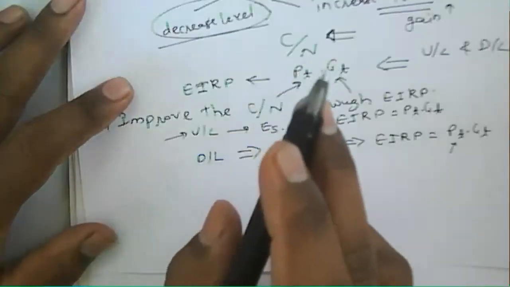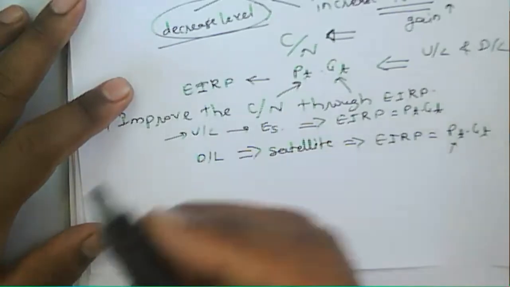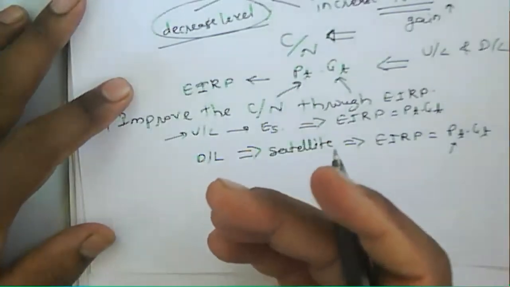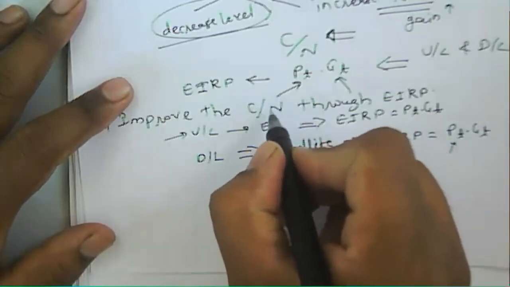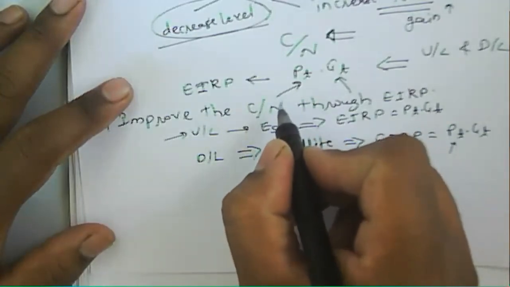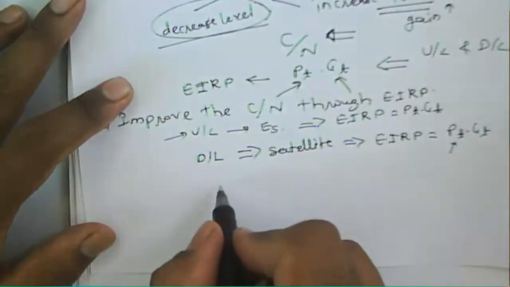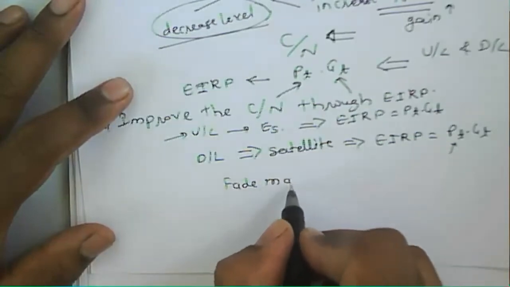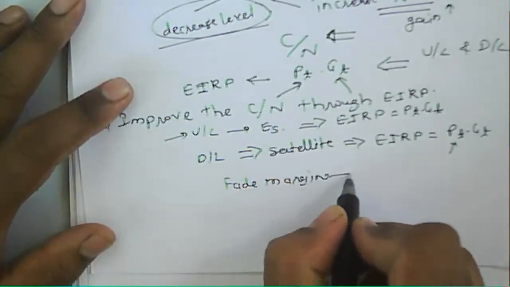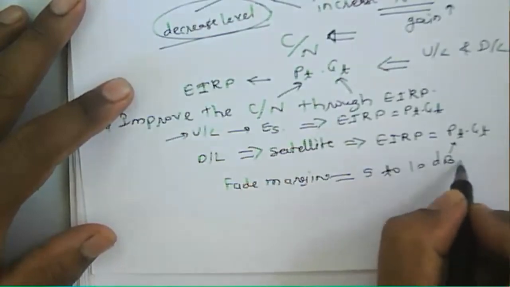So generally, to get a constant C by N ratio under a fading condition, there may be a fade margin of 5 to 10 dB.